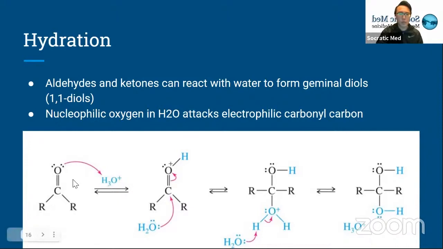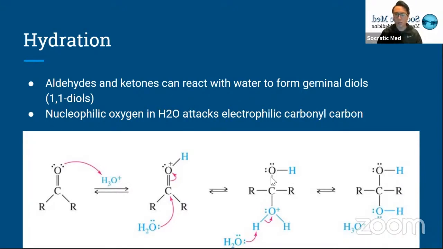As you can see on the bottom, the carbonyl oxygen will accept a proton from the solvent, and then the water attacks the carbonyl carbon, and that resonates the electron from the double bond onto the oxygen, and this takes away the positive charge.